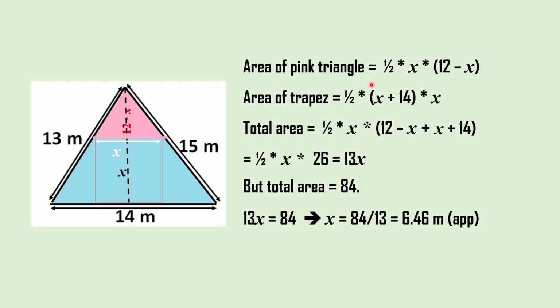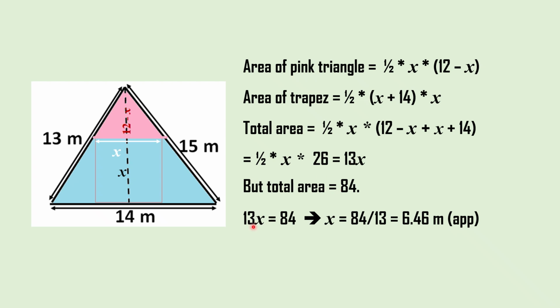So we got the area of the triangle and the area of the trapezium. Take half into x out as common. The remaining part is 12 minus x plus 14. So minus x plus x cancels, 12 plus 14 is 26. So half into x into 26 is 13x. But the total area is 84.